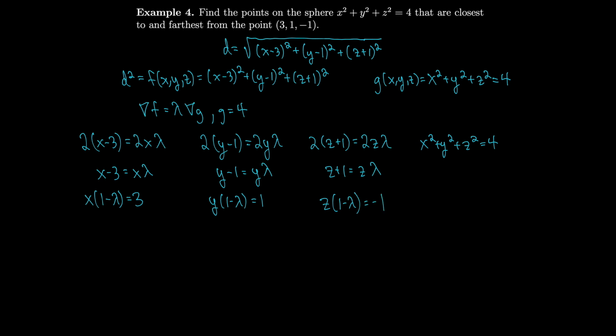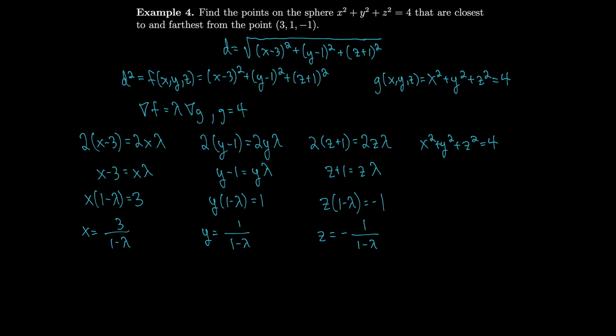All I did is move each of the variables over and factor. And then all I have to do is divide, and I get x is equal to 3 over (1 minus lambda). y is equal to 1 over (1 minus lambda). And z is equal to -1 over (1 minus lambda).